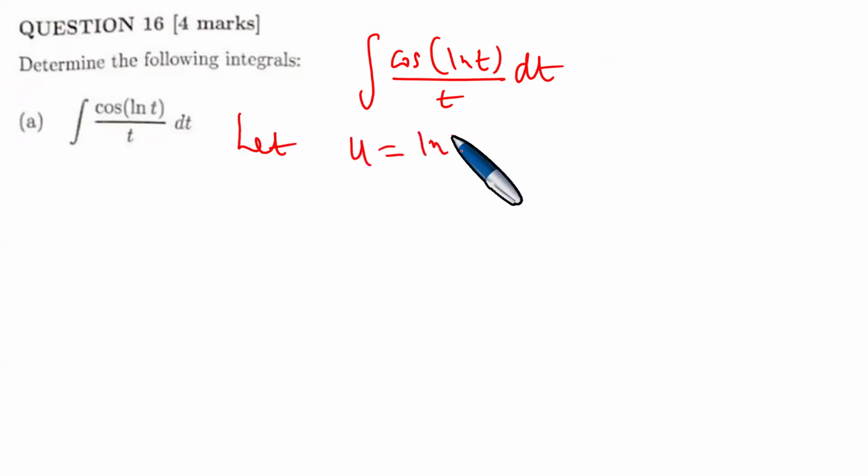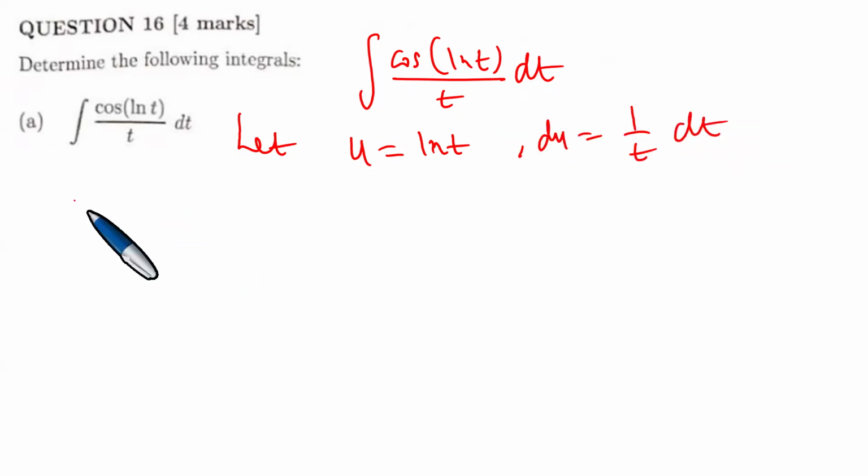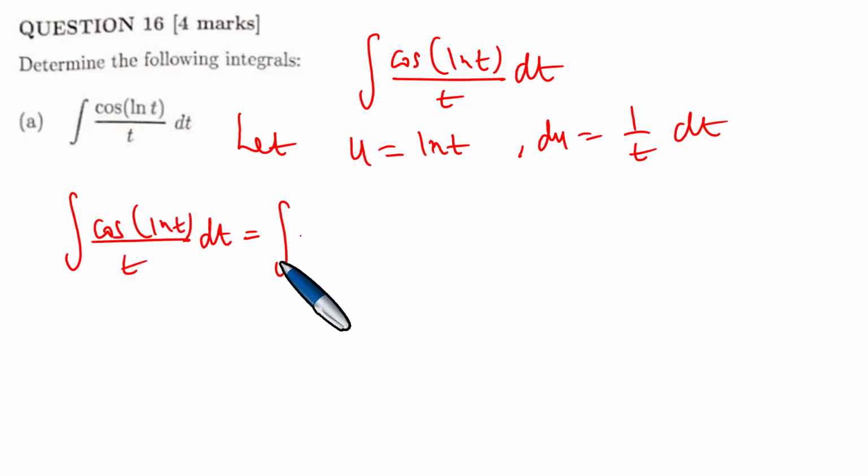To determine this integral, you need to let u be the natural log of t, which is ln t. The derivative, du, is 1 over t dt. So when we have the integral of the cosine of ln t divided by t dt, it will equal the cosine of u, and then dt is going to be t du.